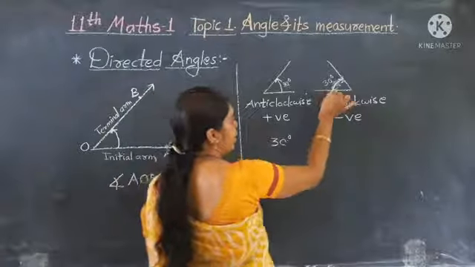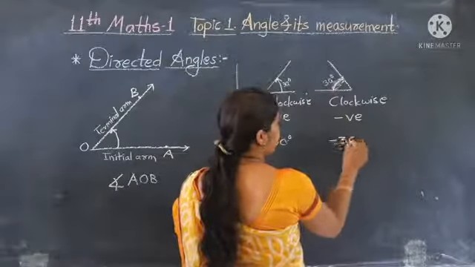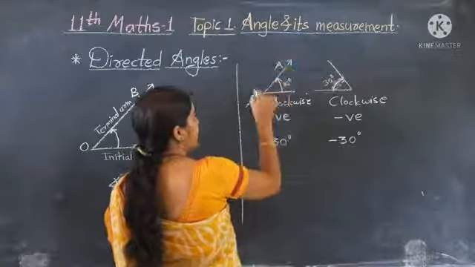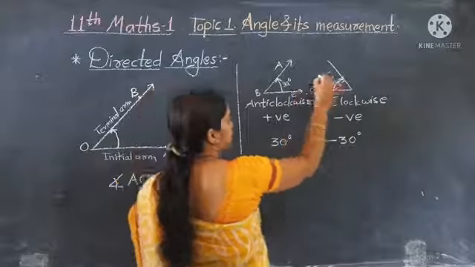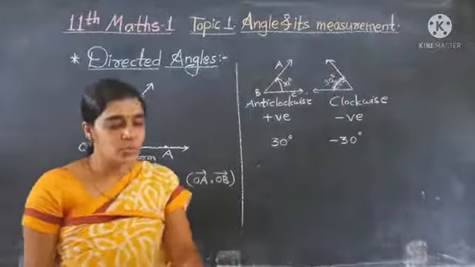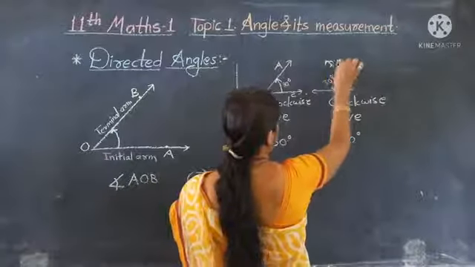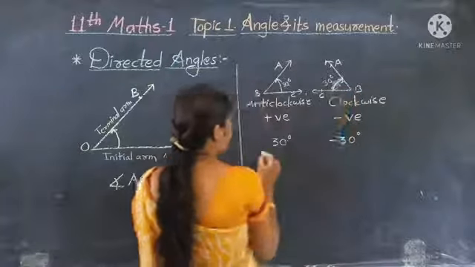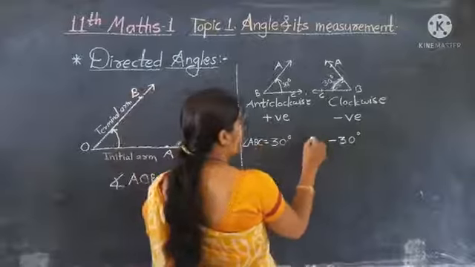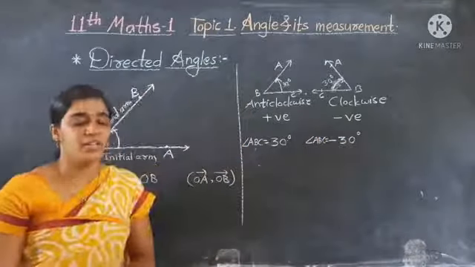And here this angle is in clockwise direction, so here it is minus 30 degree. Suppose this is A, B, C, and here also A, B, C. Here directed angle ABC is equal to 30 degree, and here ABC is equal to minus 30 degree.